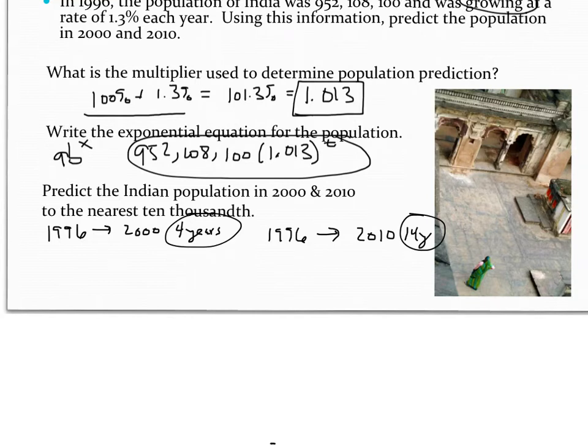So the first one, we're going to take our 952,108,100, and we're going to set it up with our multiplier raised to the 4. Then we take out our calculator and do the calculation. Okay, so the commas didn't come out super great here, but I put them in red to distinguish between them.